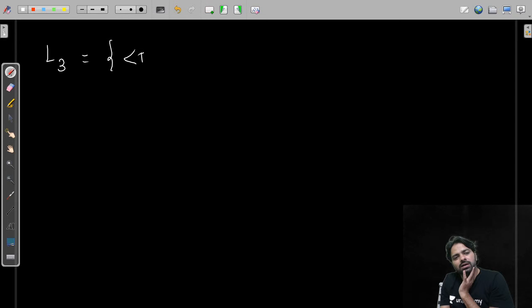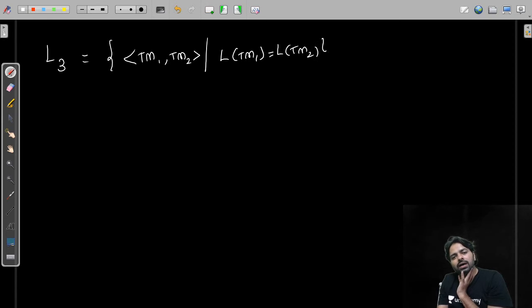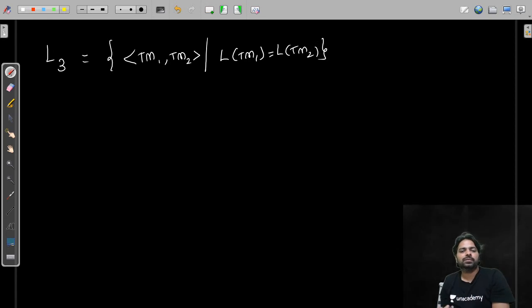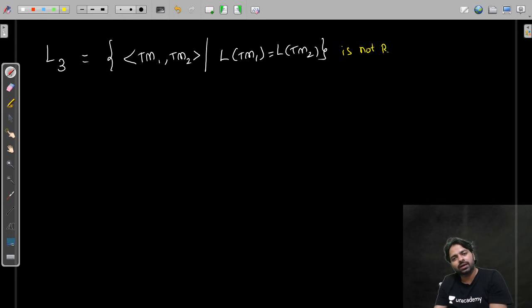Suppose I want Turing machine 1 and Turing machine 2, collected from the given input, where I am checking equivalence: L of TM1 equal to L of TM2. And this problem is not RE. We know that. It is undecidable, but it is not RE.